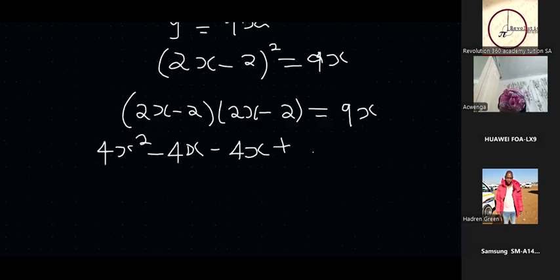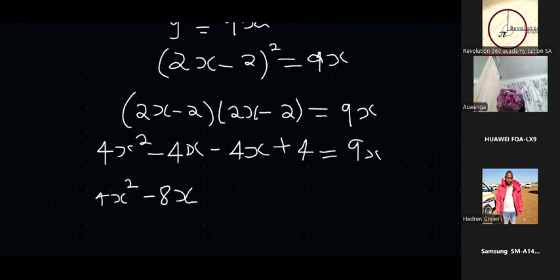Any question? Okay. Then you say 4x squared minus 4x minus 4x, that's negative 8x. Then you take positive 9x, that side changes the sign to become minus 9x. And you say plus 4, so it equals 0.